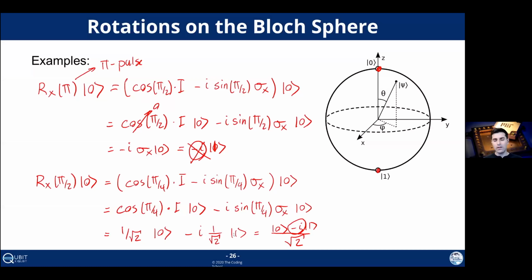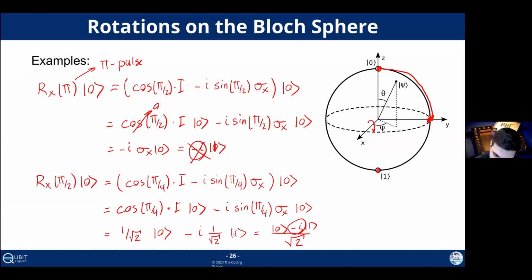And intuitively, if you think about it, when you're rotating around the z-axis, the x-axis by pi over 2, or by 90 degrees, you actually end up along the y-axis, not the x-axis, right? Because again, you're rotating around something.